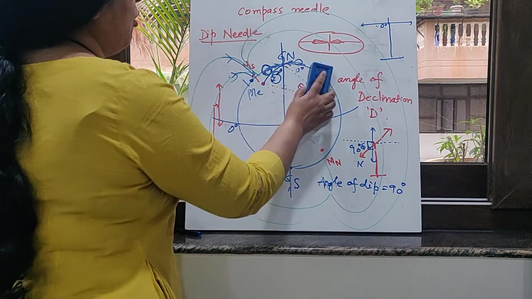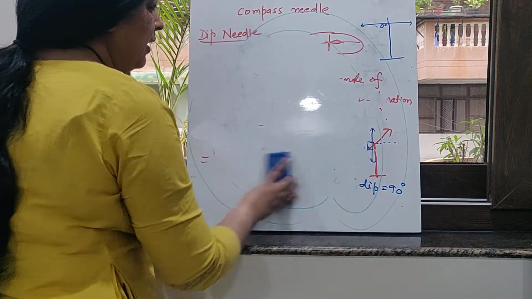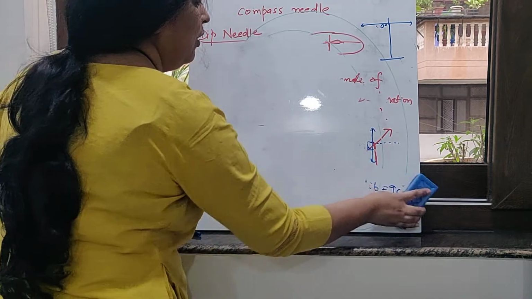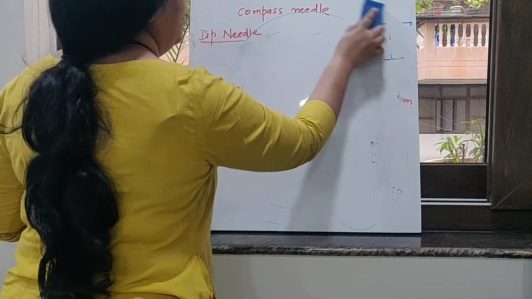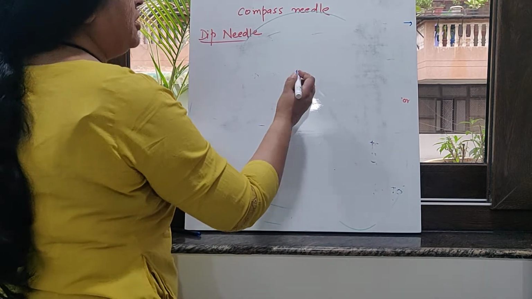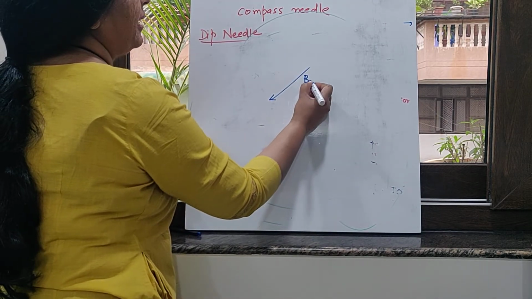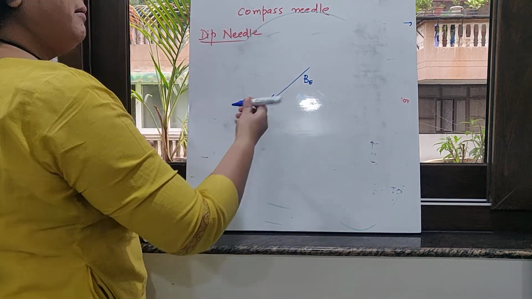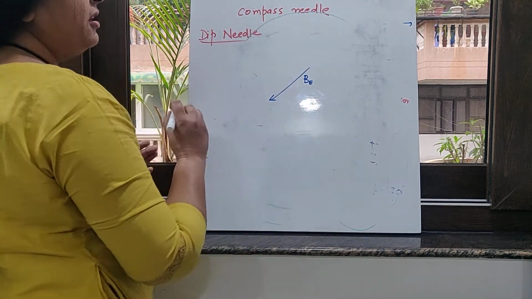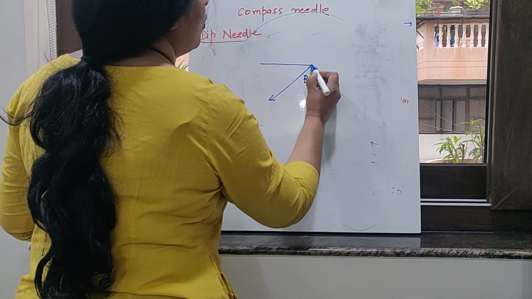Now there is a third component. I am erasing it from here. There is a third component which is known as the horizontal component of the earth's magnetic field. Let us say that at any particular point, this is the direction of the earth's magnetic field, and we know that because this is the direction in which the dip needle was pointing. And this is the horizontal direction.